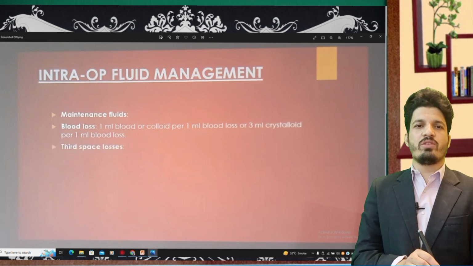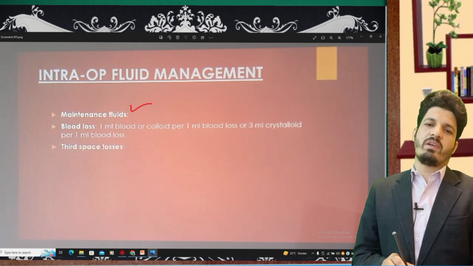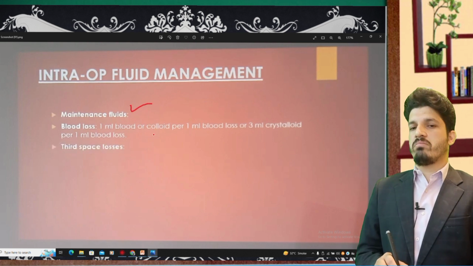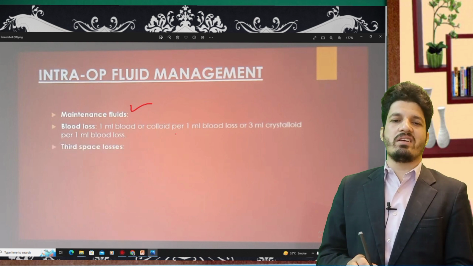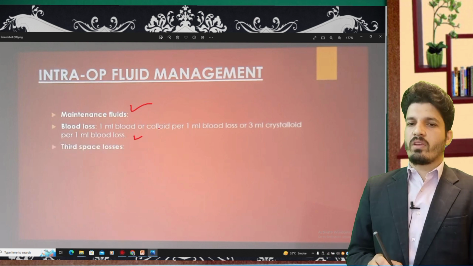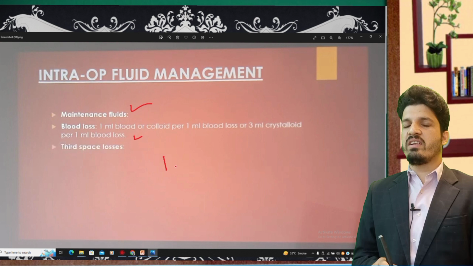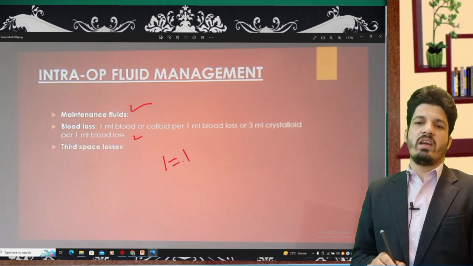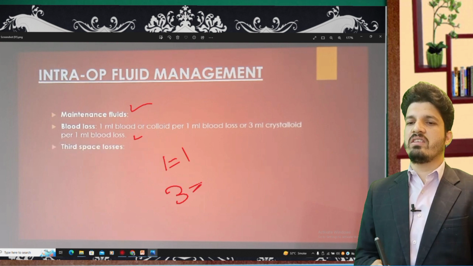Definitely you will use maintenance fluids and replace blood loss: 1 ml of blood or colloid per 1 ml loss, or 3 ml of crystalloid per 1 ml blood loss. So if you are using colloids, then 1 is equal to 1, and if you are using crystalloids, then 3 is equal to 1.